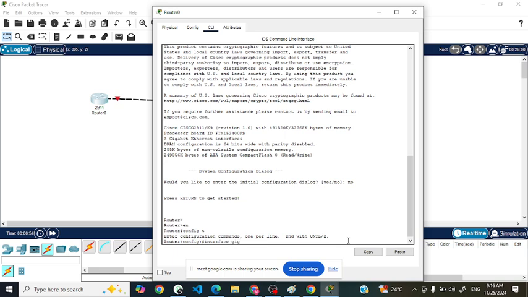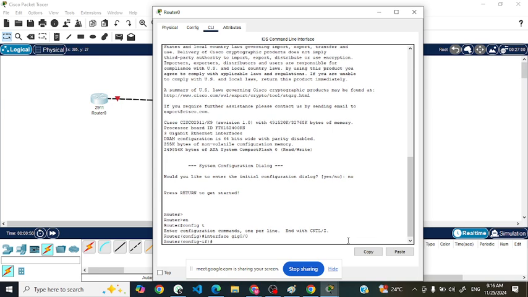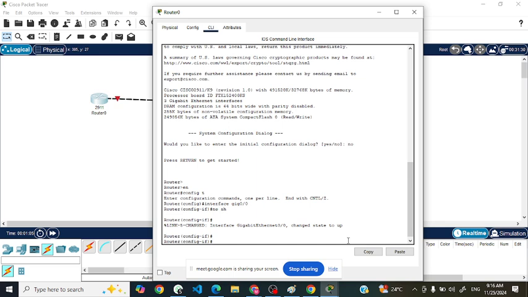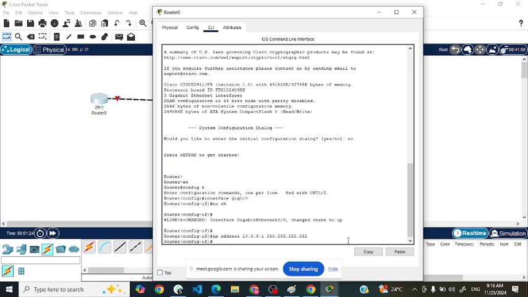Interface gig 0/0. What is the next command, Lakshman? Assigning IP address. No shut. Then the command to configure the IP address, Ravi Shankar. IP address 10.0.0.1 255.255.255.252, since I am giving /30.